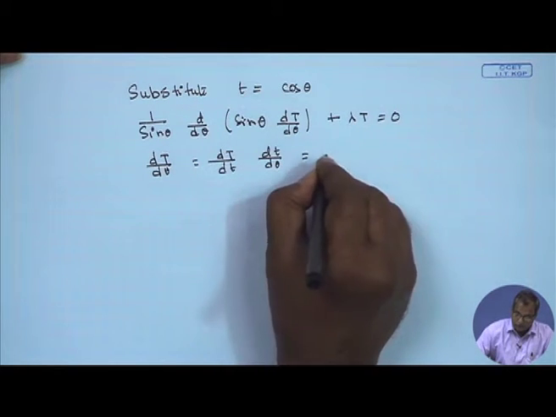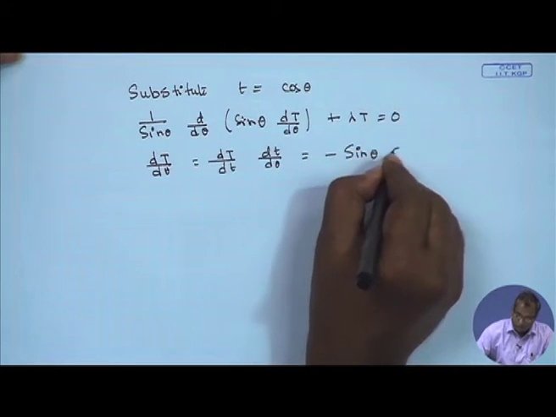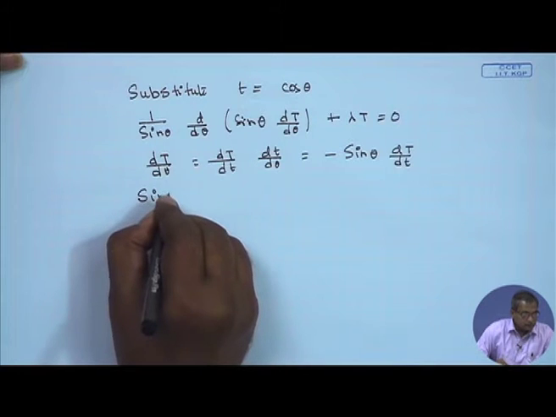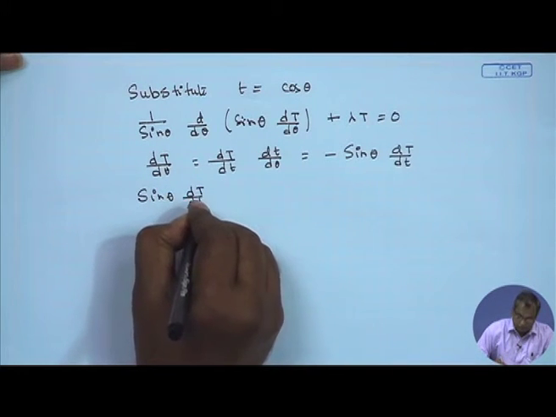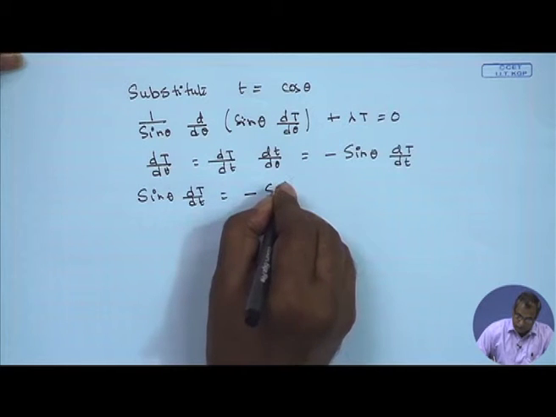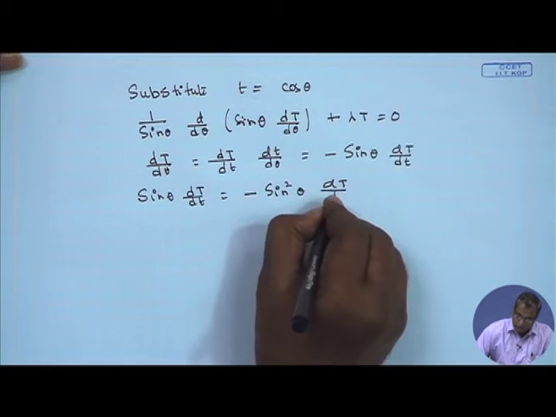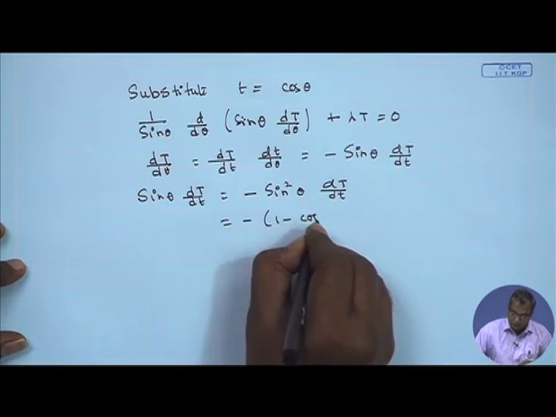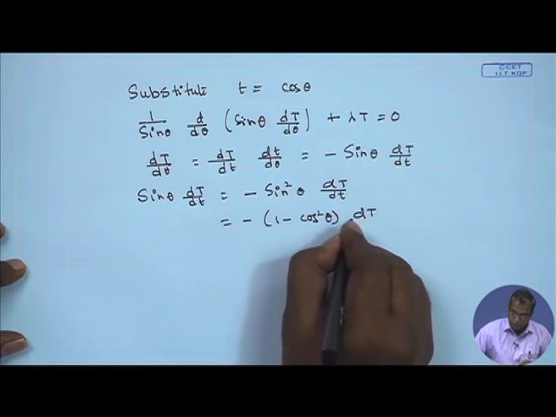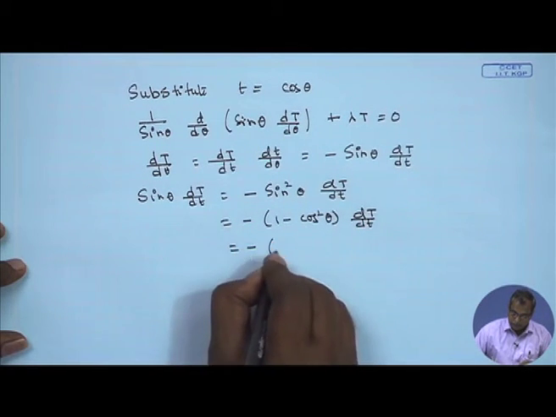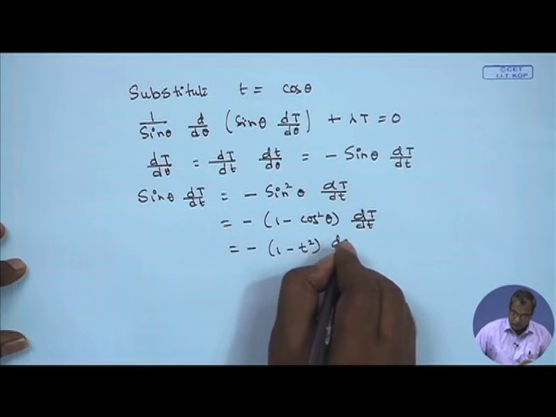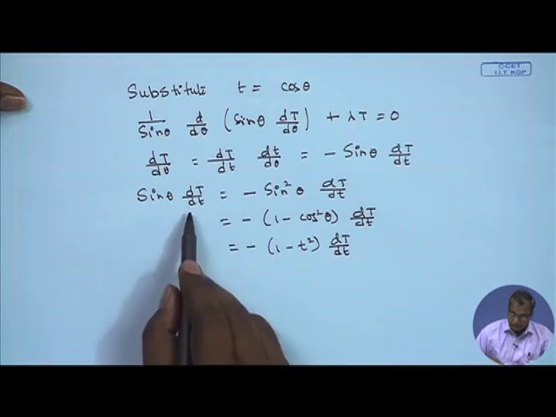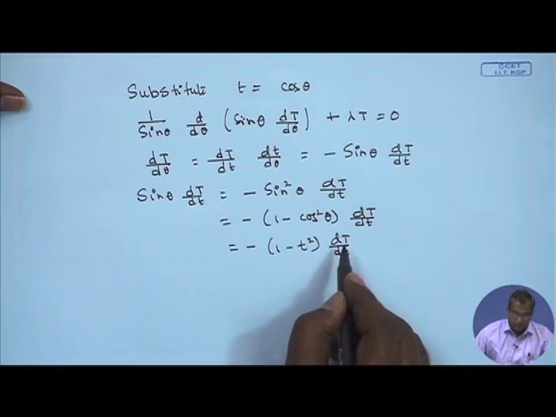So, this becomes minus sin theta dT dt, and sin theta dT d theta will be nothing but minus sin square theta dT dt, and this will be nothing but minus 1 minus cos square theta dT dt, which is equal to minus 1 minus t square dT dt. So, I express sin theta dT d theta in terms of t and capital T.